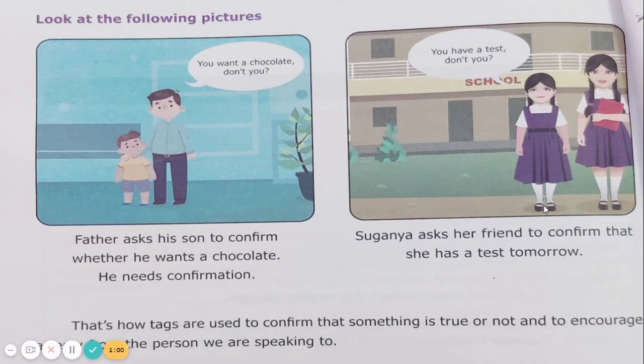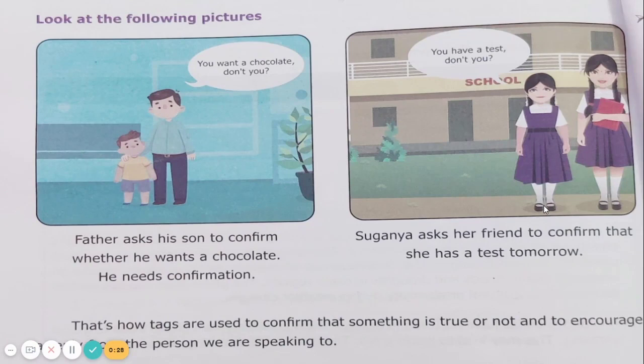You can see in the first image, the father is asking a question: does he need a chocolate, doesn't he? So he is asking for confirmation, whether it is true or not, and to encourage a reply from the other person. That is known as a question tag. In the second sentence, you can see "you have a test, don't you?"